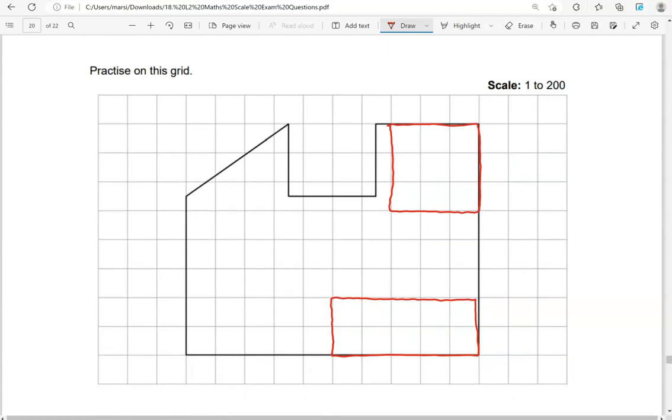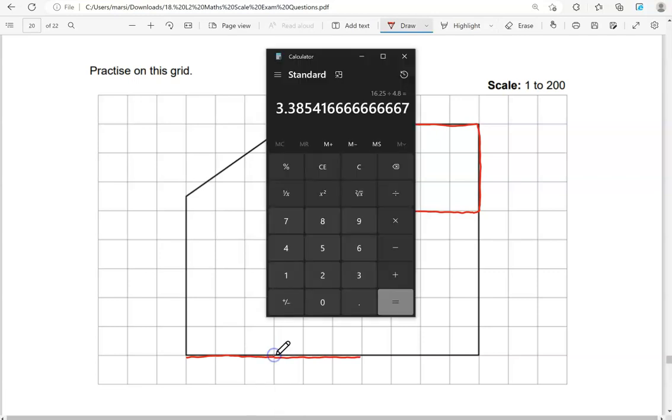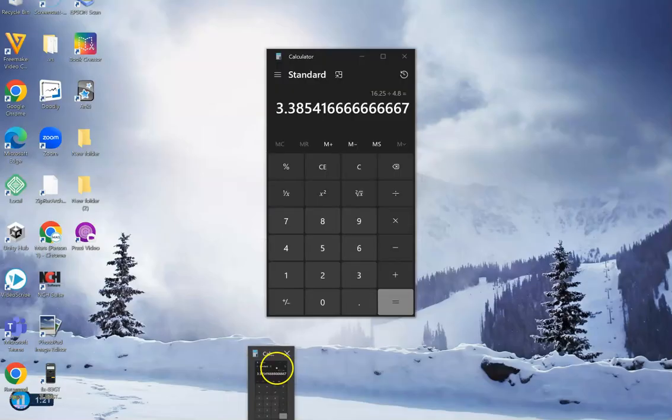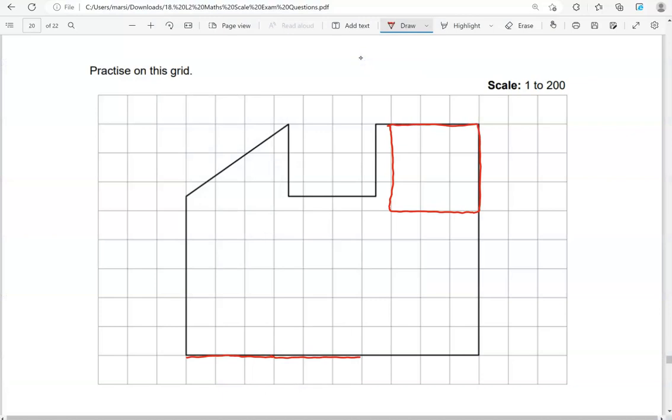So 3 squares, that doesn't fit here, so I'm going to try and do it here. 1, 2, 3, 1, 2, 3, so I'm going to remove this. 3, so diameter is equal to 6 squares. So this looks like this.